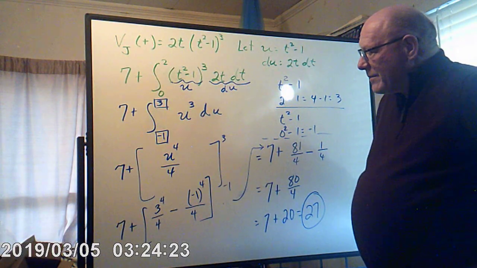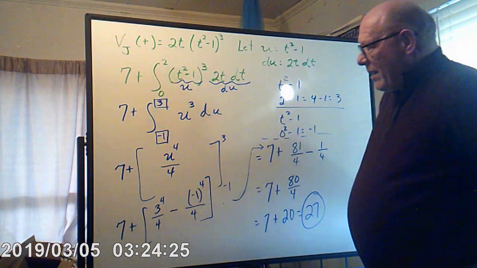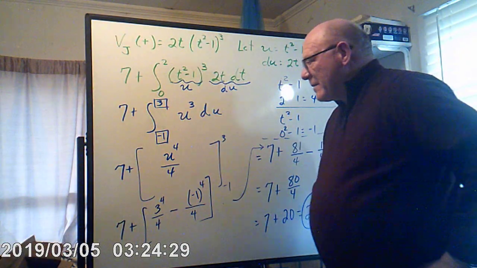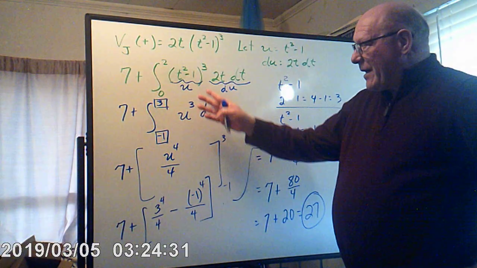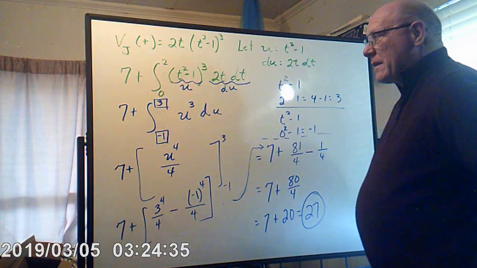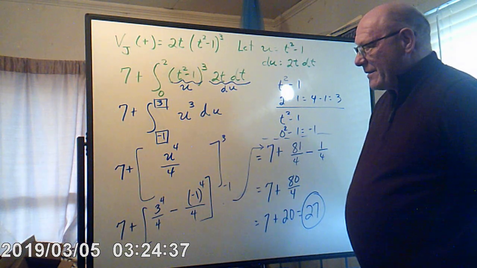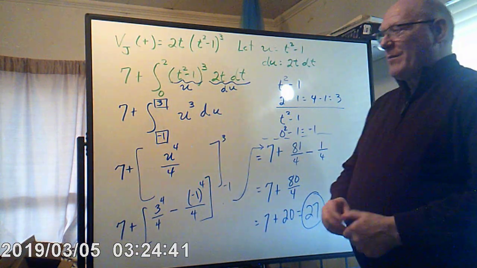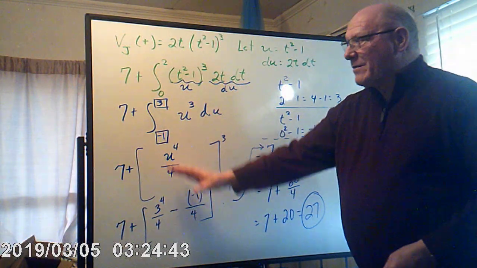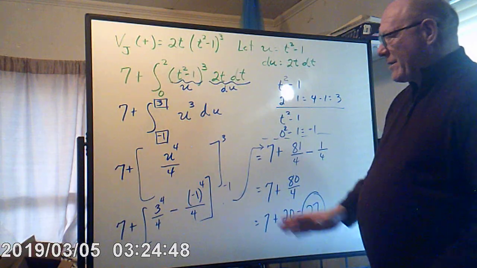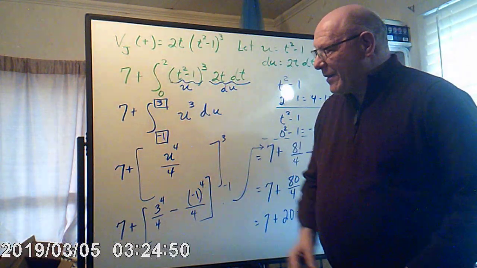Alright, there you go. Right there. I hope this didn't confuse you. This is just an easier way. You don't have to go back to the t squared minus 1. If I had time, I would go back and discuss how to do this with the 0 and the 2.